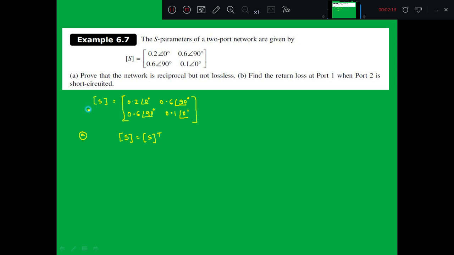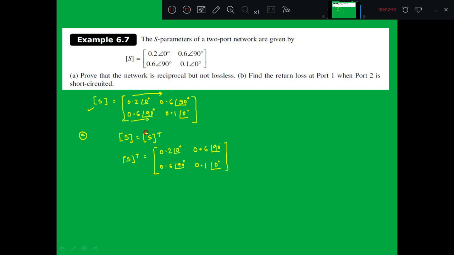We already have the S matrix, so let us take the transpose of the S matrix. I will write down S transpose here. S transpose means the rows of the matrix become columns. So this first row becomes the first column, that is 0.2 0 degree, 0.6 90 degree, and the second row becomes the second column, that is 0.6 90 degree and 0.1 0 degree.